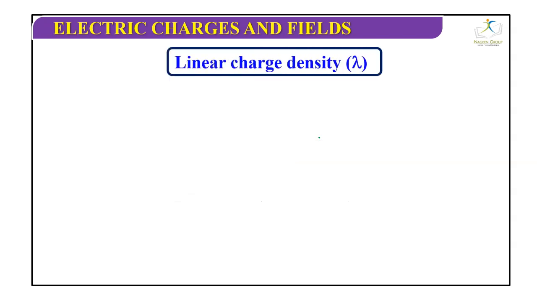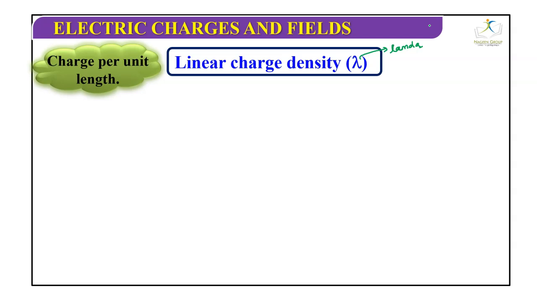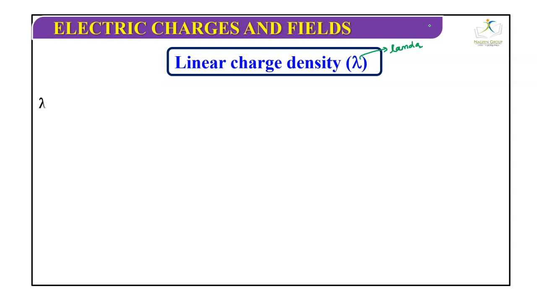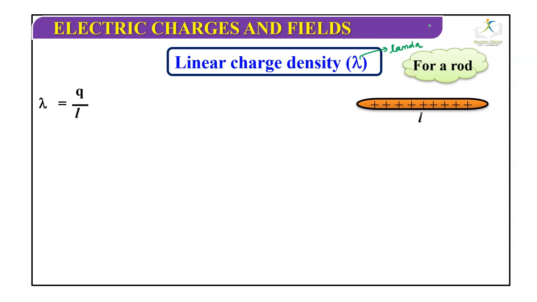The first one is linear charge density, which is represented by the term lambda. Charge per unit length is defined as linear charge density. So lambda is equal to Q by L for a rod, where L is the length and Q is the charge, which is uniformly distributed.